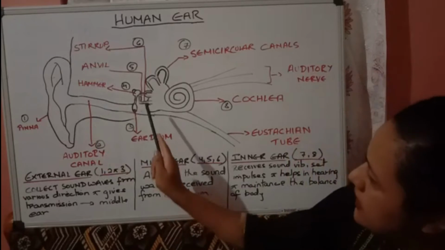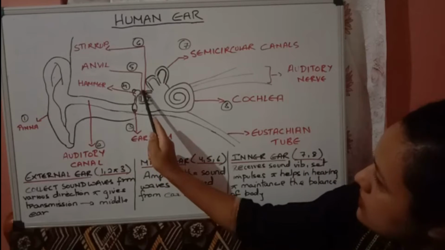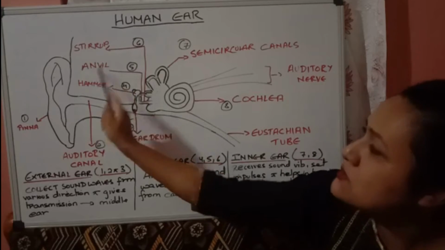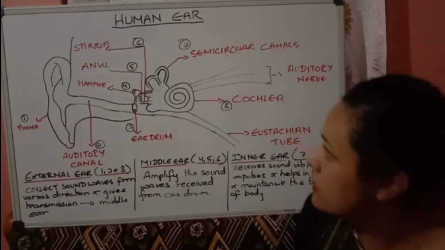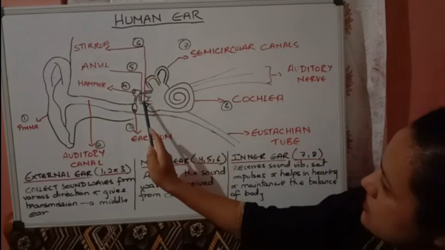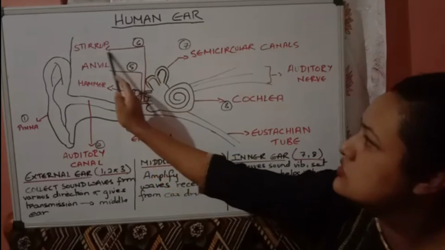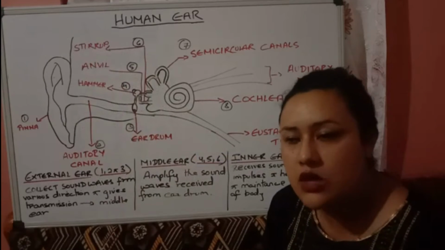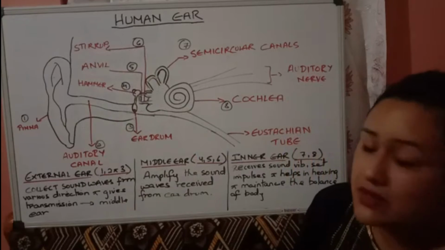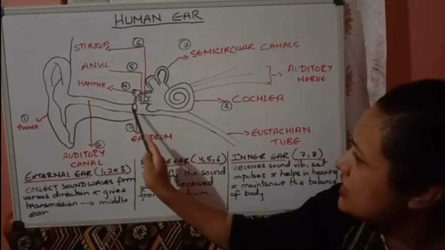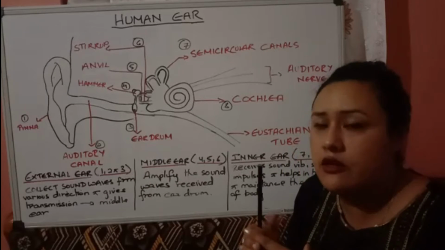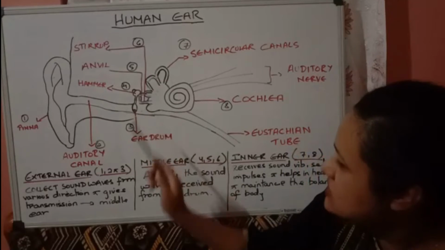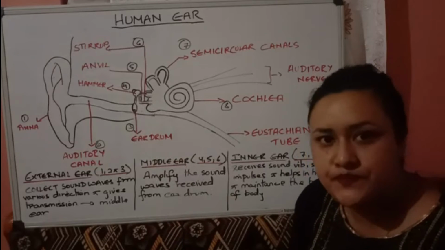The second bone, number 5, is marked as the anvil, also known as incus. And this portion is known as the stirrup, also known as stapes. These are the 3 small bones that are joined together, and these 3 bones make up the middle ear.